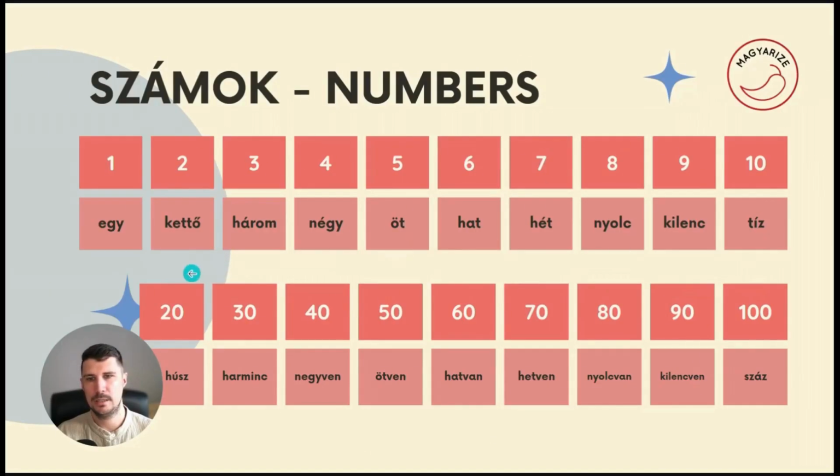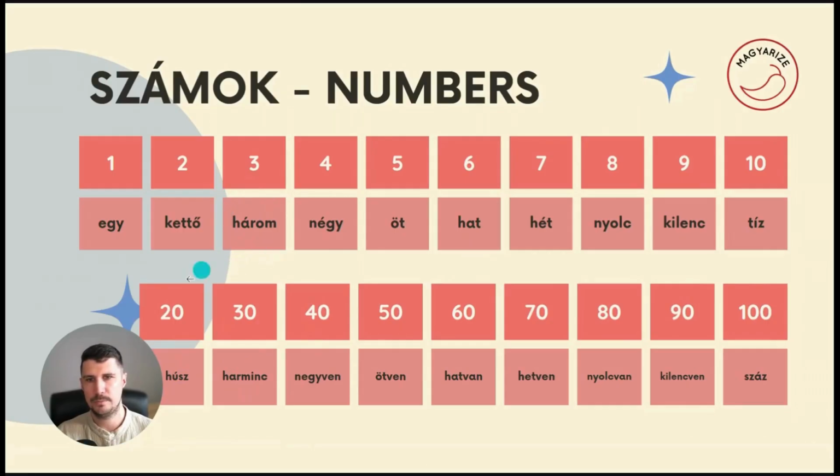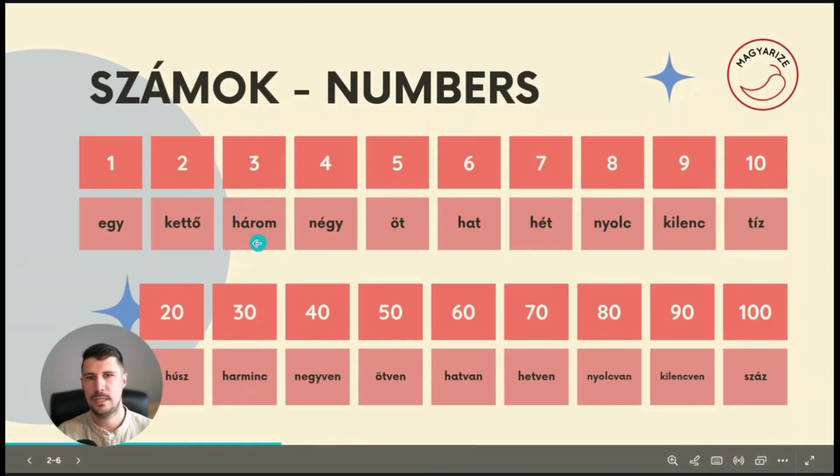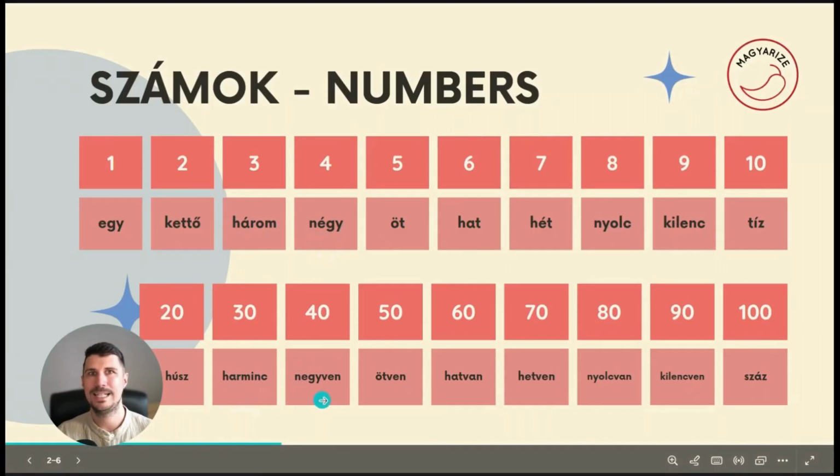So you can see 10 is tíz, 20 is húsz, and then from then on each number is similar to their singular version. So három becomes harminc. Négy, we just make that A shorter and it turns into negyven.